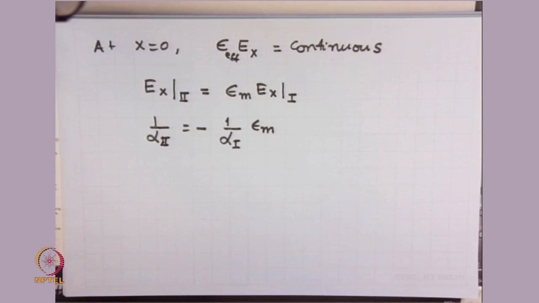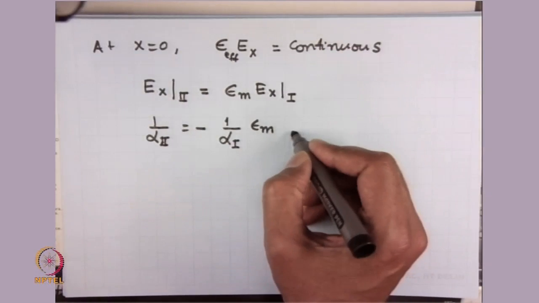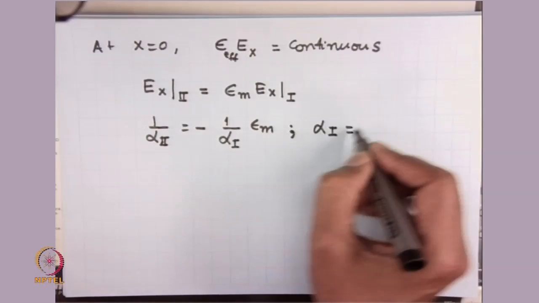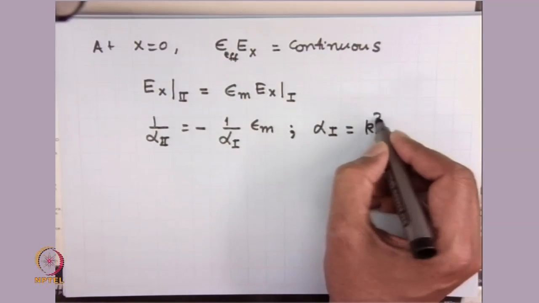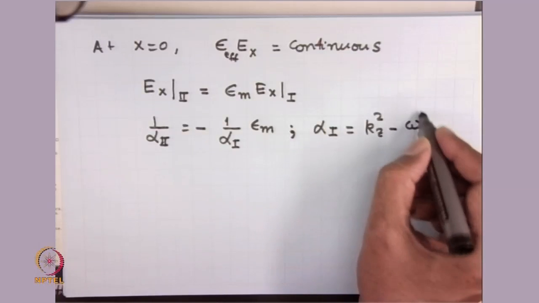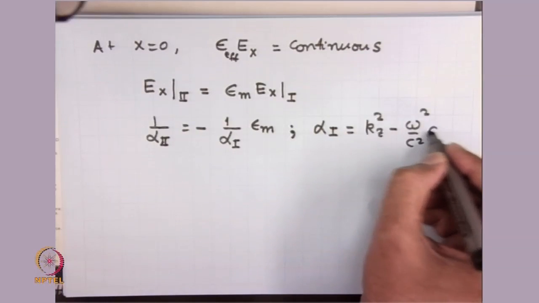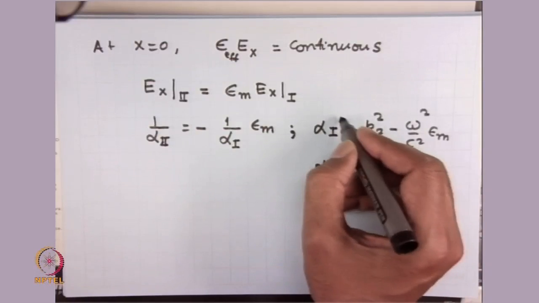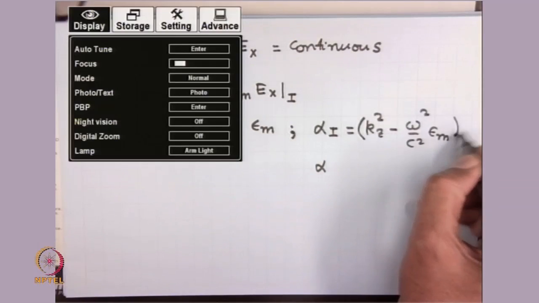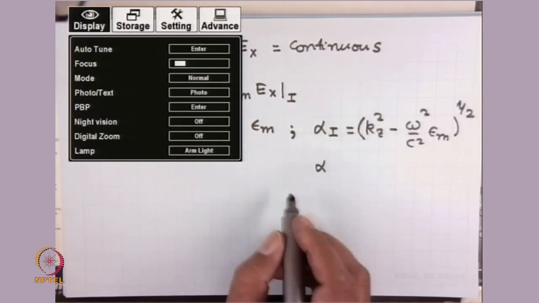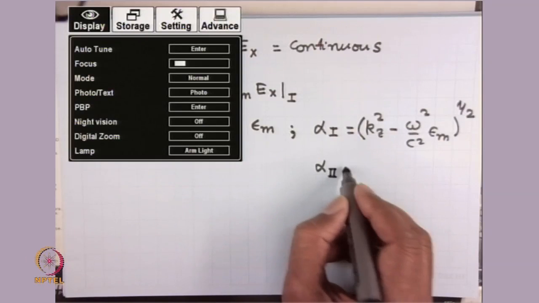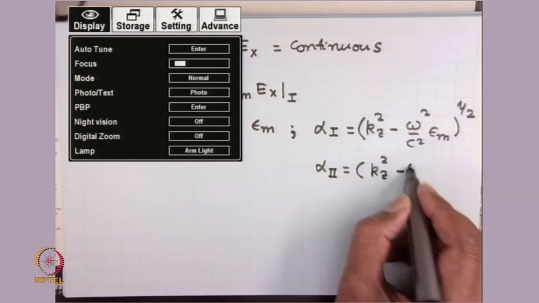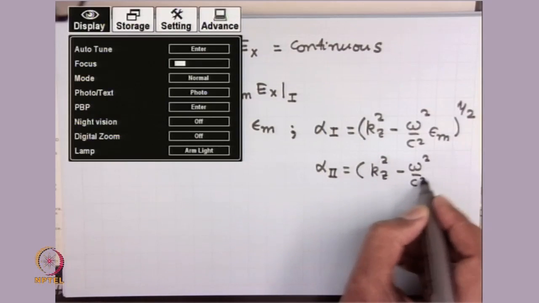Now, recognizing that alpha 1 is under root of kz square minus omega square by c square epsilon m, and alpha 2 is under root of kz square minus omega square by c square.